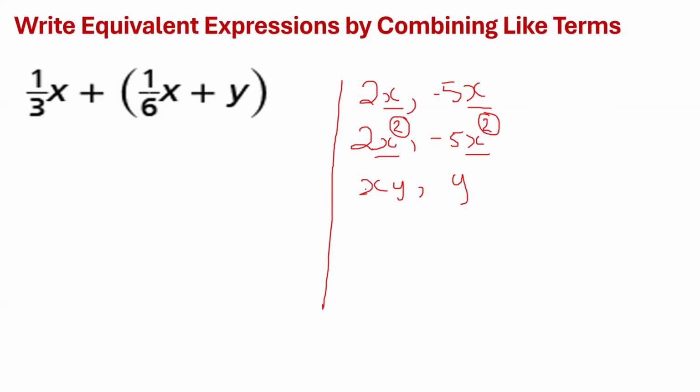So if I have xy here, I must also have xy here, even if I have a number in front, right? But the variables must be the same. The key thing is looking at the variable. Once the variables are the same and they have the same exponent, right? Because the exponent for x here is 1, the exponent for this x is 1, the exponent for y here is 1, and the exponent for y here is also 1.